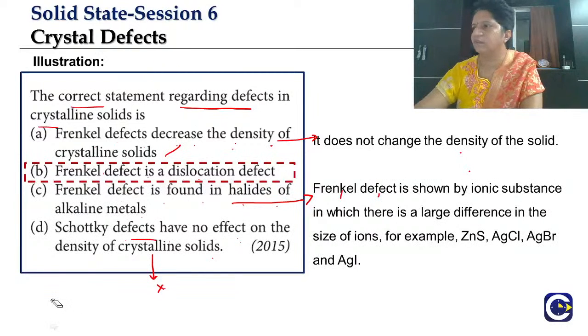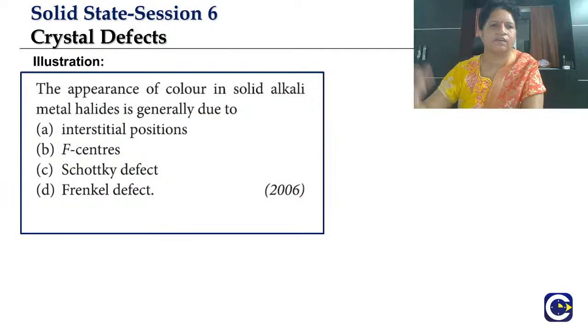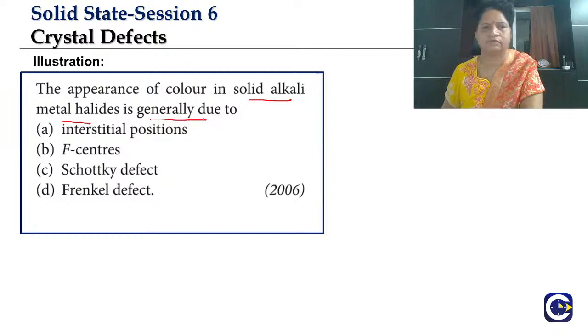Then let's go for another illustration. The appearance of color in solid alkali metal halides is generally due to interstitial positions, F centers, Schottky defect, Frenkel defect.